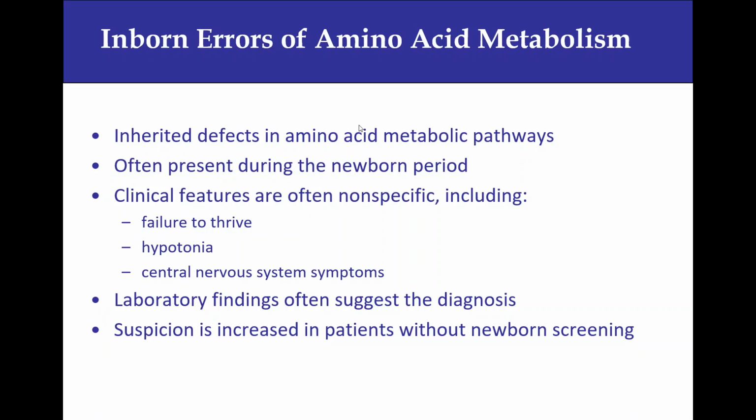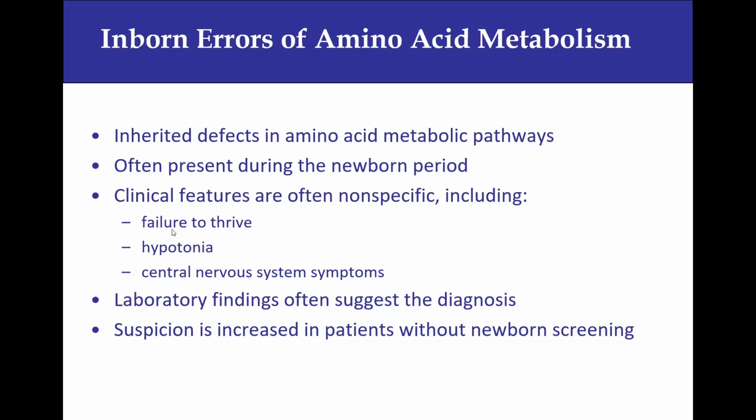Most of these diseases are going to show up during the newborn period. We'll see rarely one or two that will show up later in life, but most of them will show up during the newborn period. And the clinical features are non-specific. So you're not going to see, like in glycogen storage disease, hepatomegaly, etc. What will happen?